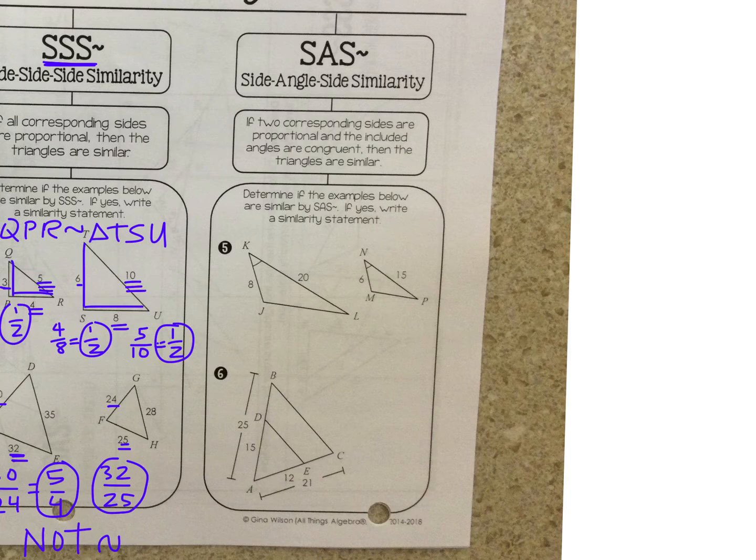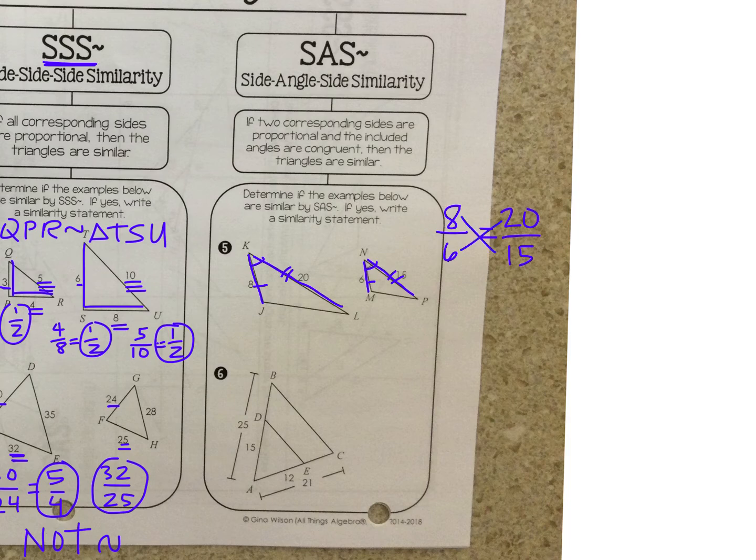For side angle side, if my angles are congruent and my sides are proportional, then it will be a similar triangle. So I'm going to take my 8 from this one and my 6 from that one. I'm going to take my 20 and I'm going to take my 15.